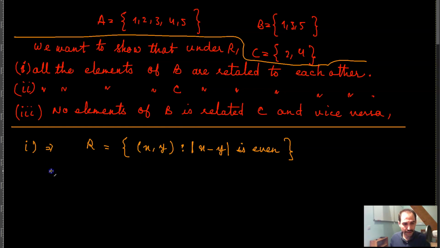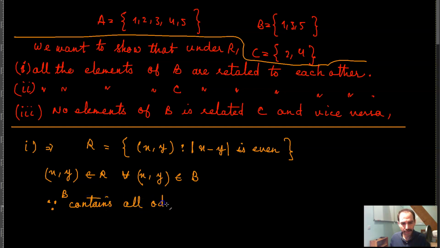Now you can say that (x, y) belongs to R for every x and y belonging to B, and the reason for that is that B contains all odd elements, and we showed that whenever you subtract any odd number from another odd number, the result is going to be even.